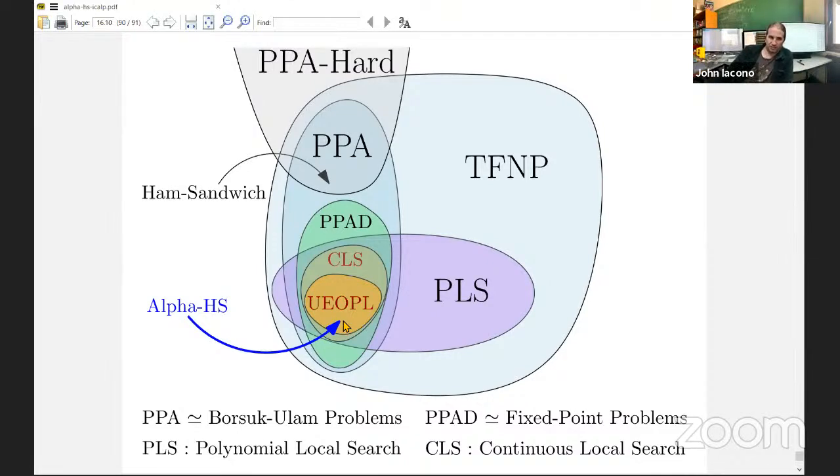In the classic ham sandwich problem, you can also separate a different number of things if, instead of using a line, you use higher degree curves. Yeah, if you use polynomials. Yeah, I haven't thought about that. So the complexity of that, yeah, I don't really know at this moment.